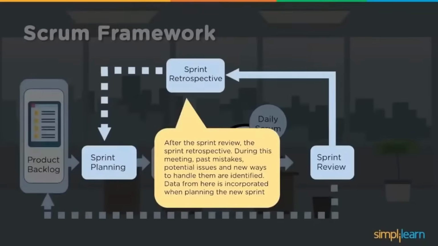Then the sprint retrospective happens after the sprint review. During this meeting, what went well, past mistakes, potential issues, and new ways to handle them, which are required to be done correctly in the next sprints, need to be identified. Data found from here is incorporated when planning the new sprint.